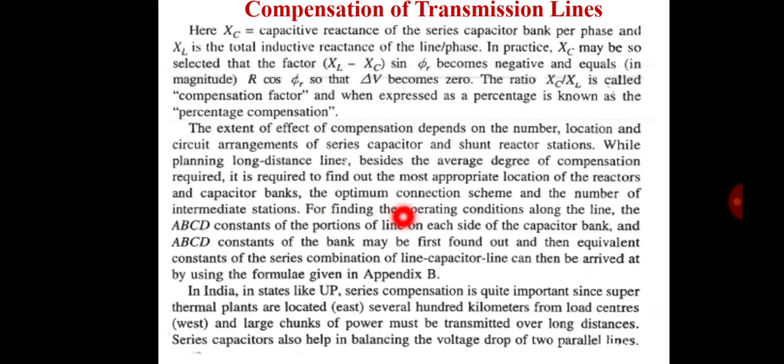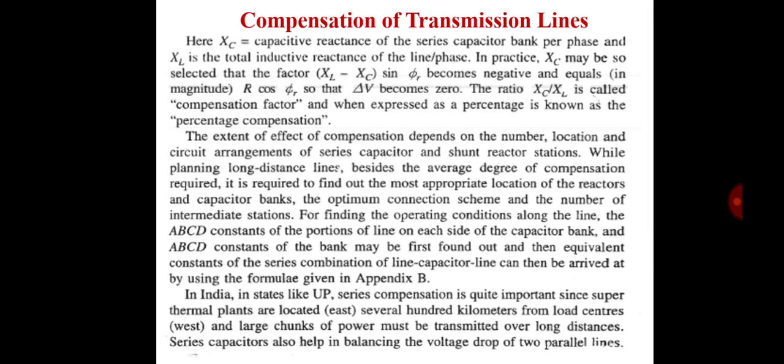So for the optimum connection scheme and the number of intermediate stations, for finding the operating condition along the line, the ABCD constants of the portions of the line on each side of the capacitor bank, and ABCD constants of the bank may be first found out, and then equivalent constants of the series combinations of the line and capacitors can then be arrived at by using the formulas given in appendix B.